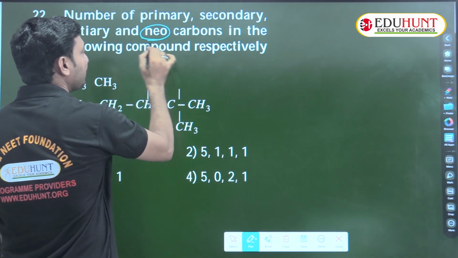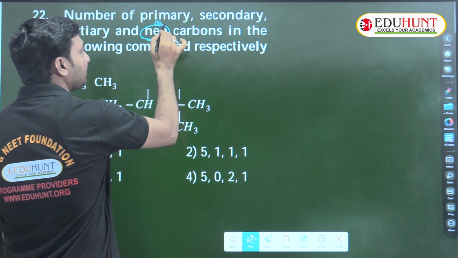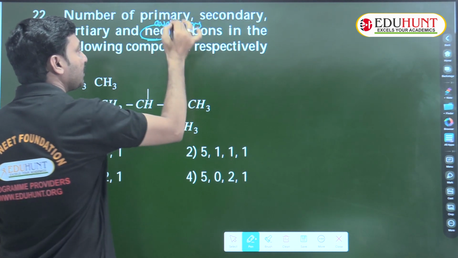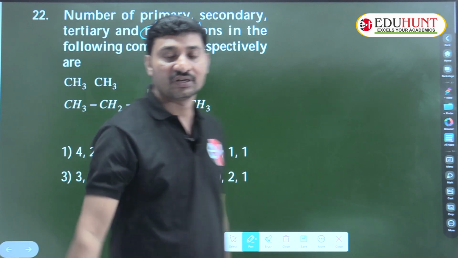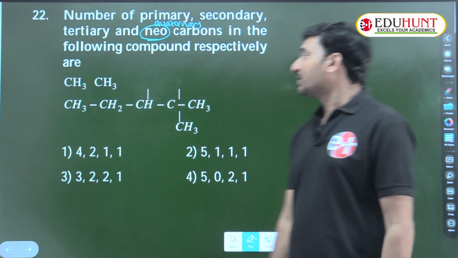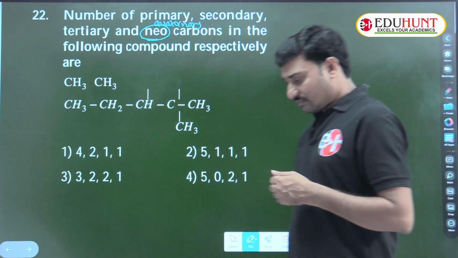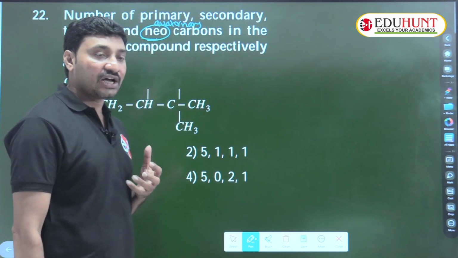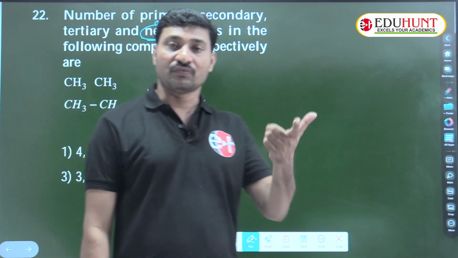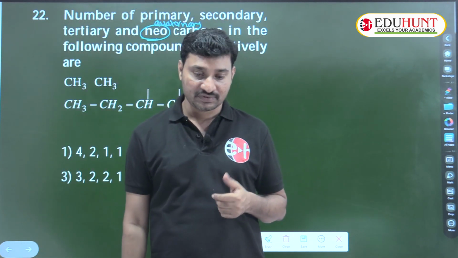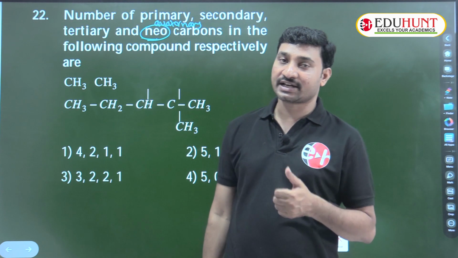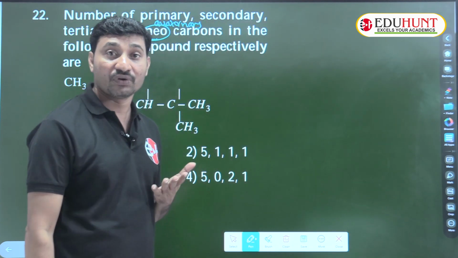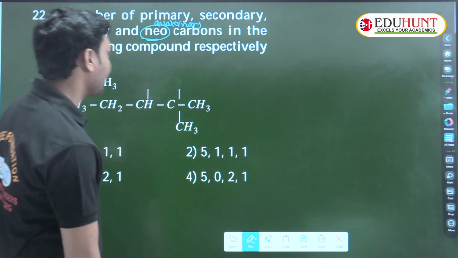Look here. Primary carbon means a carbon bonded to only one carbon atom, that is primary. Bonded to two carbon atoms, secondary. Bonded to three carbon atoms, tertiary. Bonded to four carbon atoms, quaternary, right?